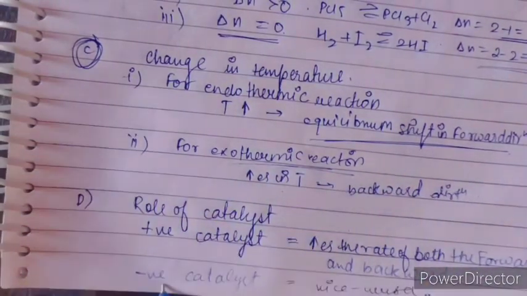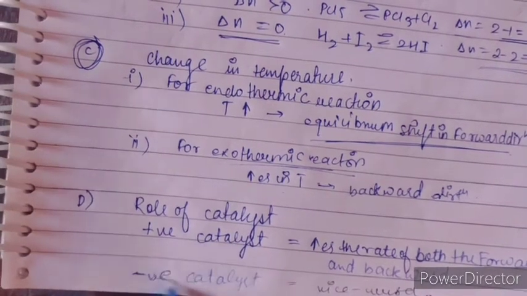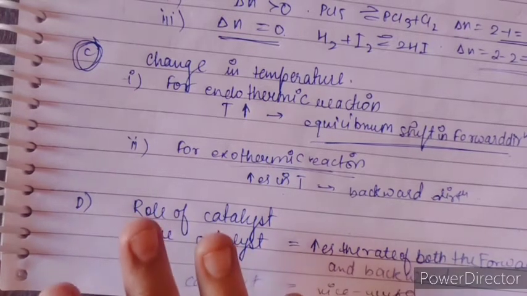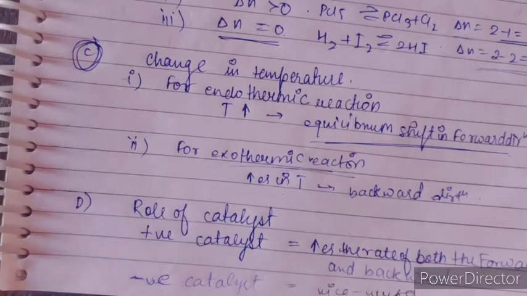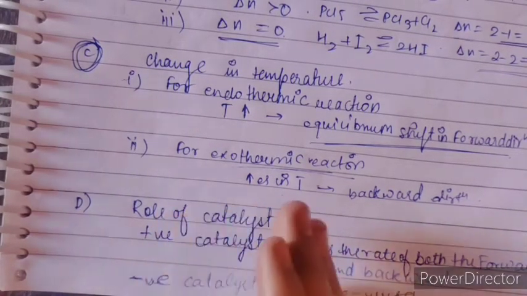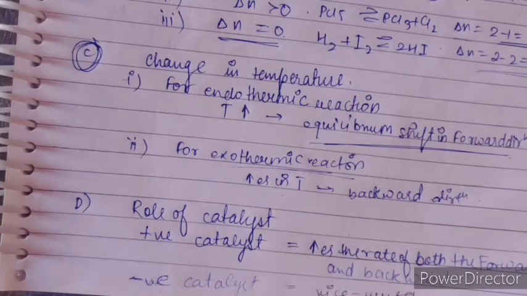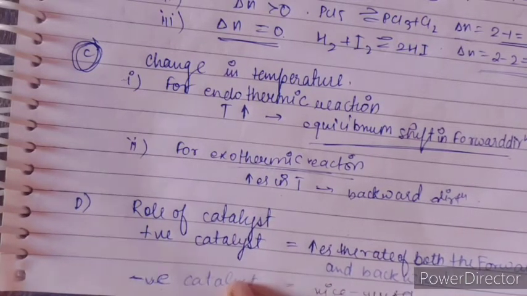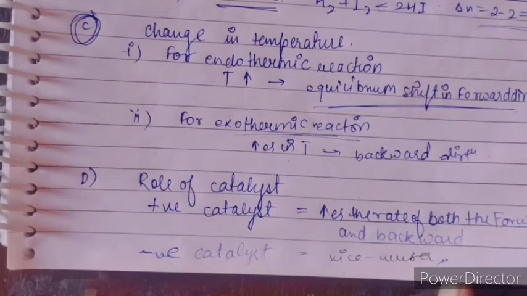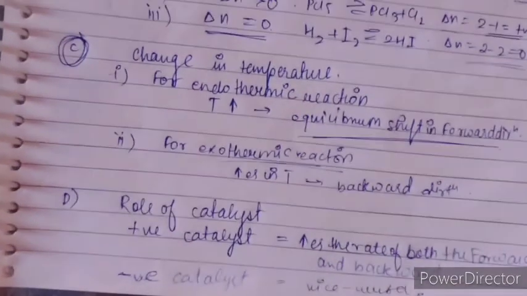And if we have a negative catalyst, the equilibrium will be attained in more time. So these are opposite to each other, and after that we will start the application of Le Chatelier principle on physical equilibria.